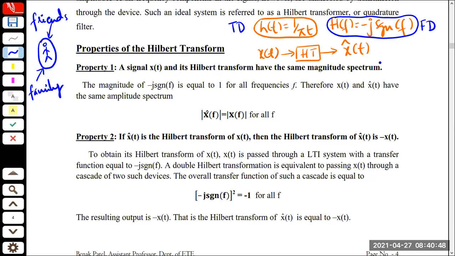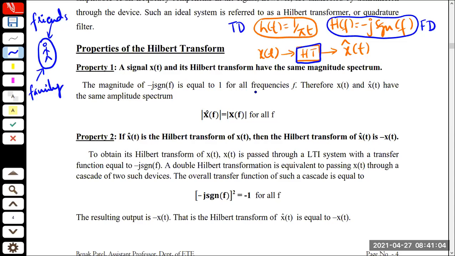Likewise here, we are trying to refer to this Hilbert transformer, where its impulse response is h of t in the time domain, and the same thing in the frequency domain is negative j signum function of f.